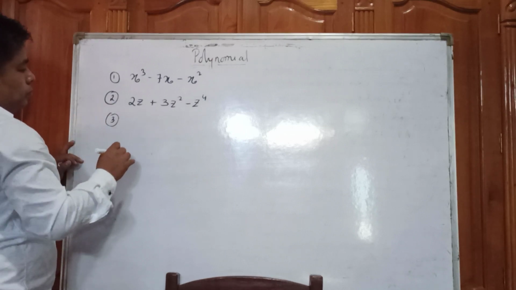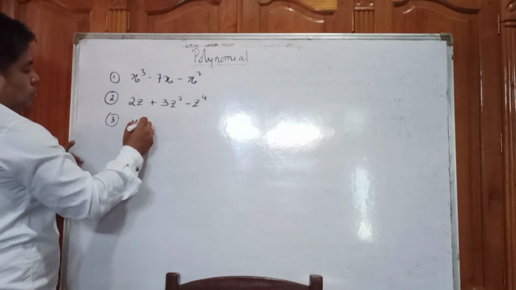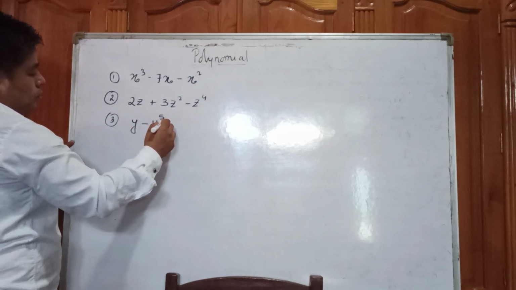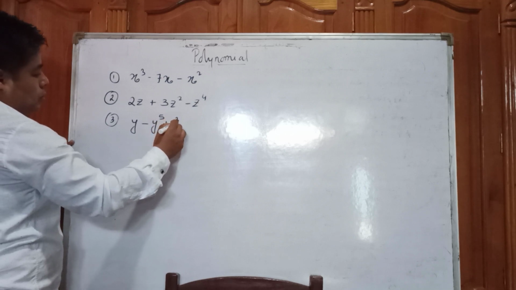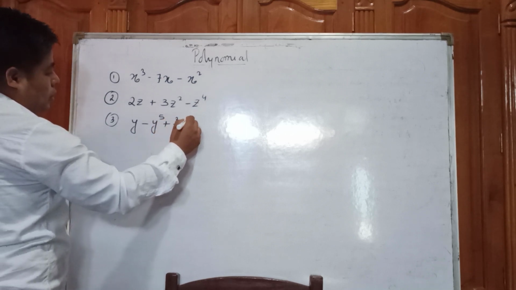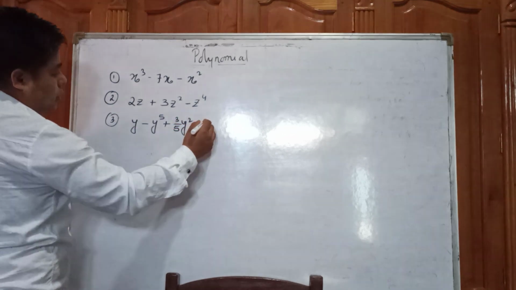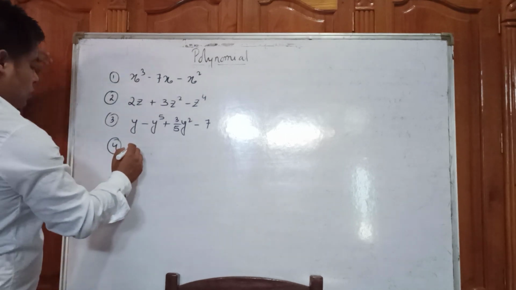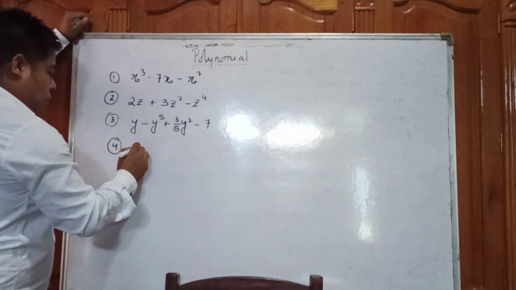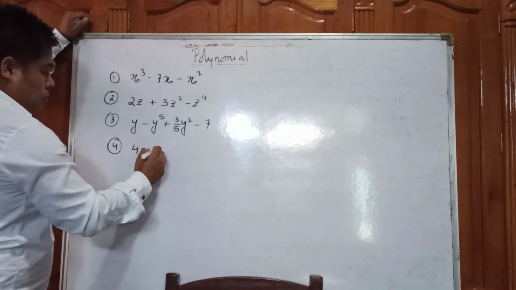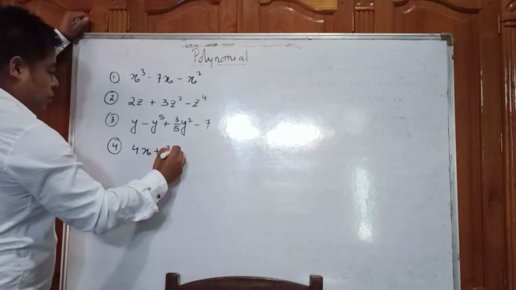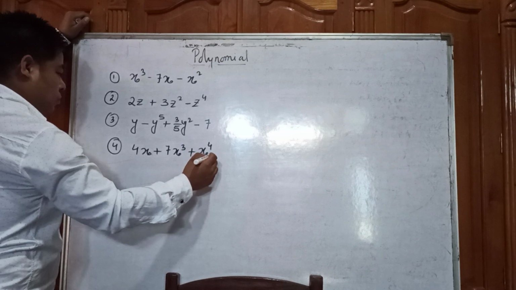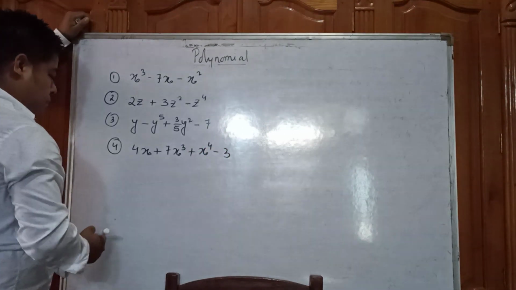Number 3: y minus y to the power 5 plus 3 by 5 y square minus 7. Number 4: 4x plus 7x cubed plus x to the power 4 minus 3.